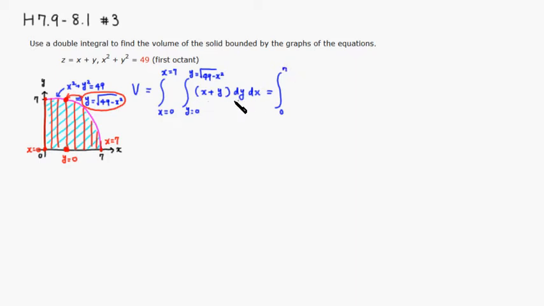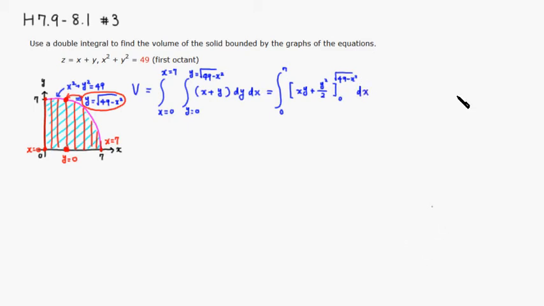So the antiderivative of x plus y with respect to y would be, right, x is just a constant, so it's going to be xy plus the antiderivative of y, which is y squared over 2. Then you're going from y equals 0 to square root of 49 minus x squared. Then you have dx.